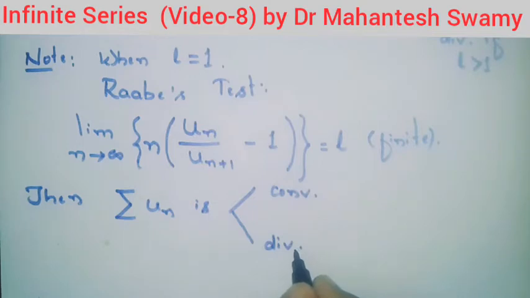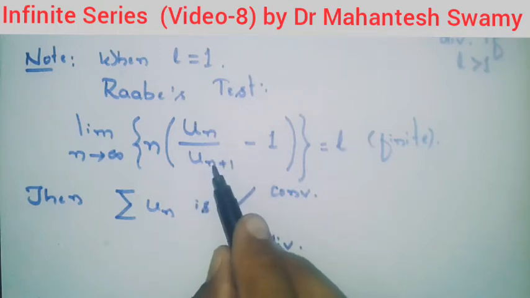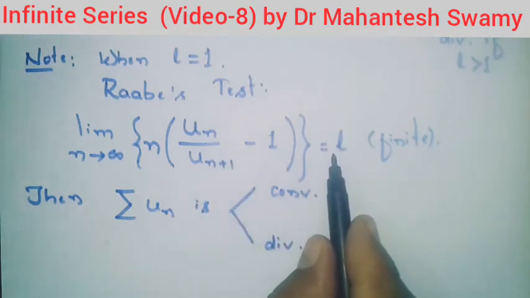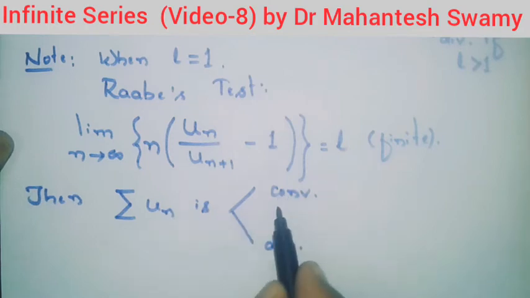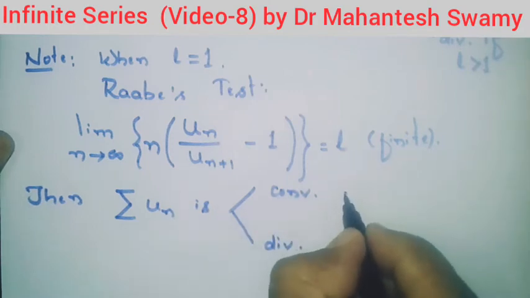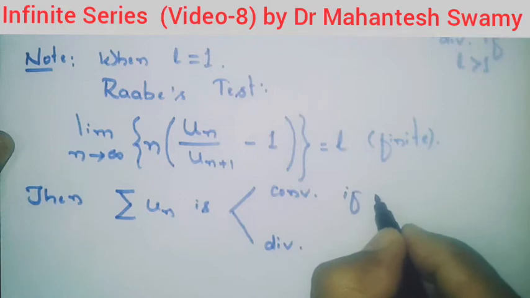So when we apply Raabe's test and get the answer L for the limit, the series summation un which is given is convergent if, what will be the guess?